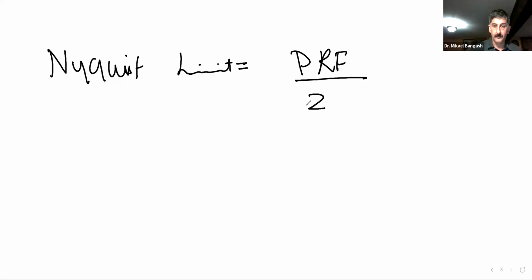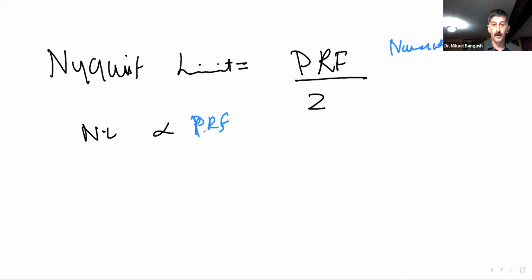If you look at the equation here, your PRF is the numerator of the equation of your Nyquist limit, which mainly means that it will be directly proportional to your Nyquist limit.